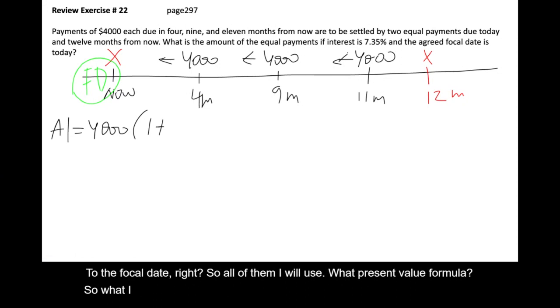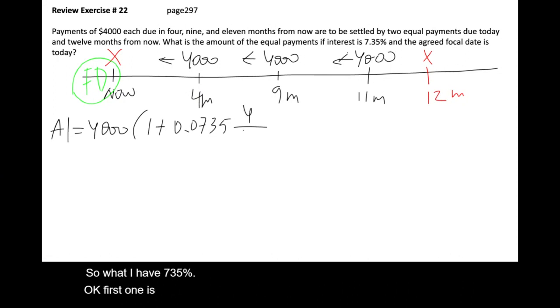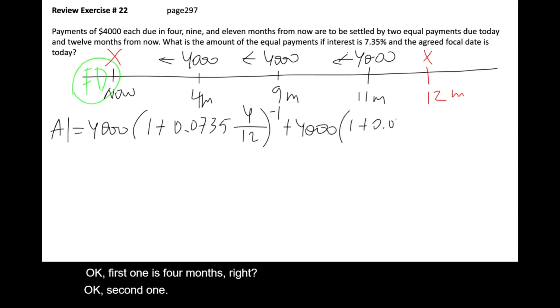So what do I have? 7.35%. Okay, the first one is 4 months, right? Okay, the second one, that's 9 months, right?